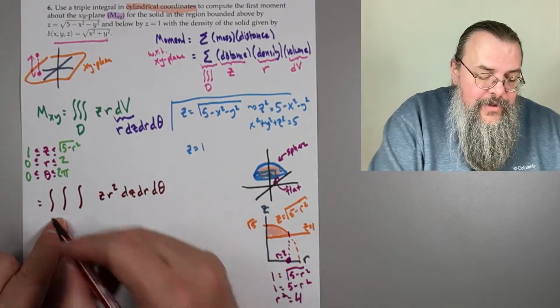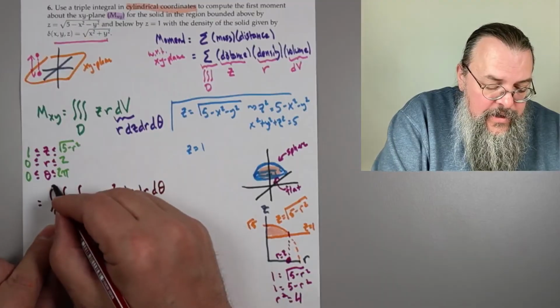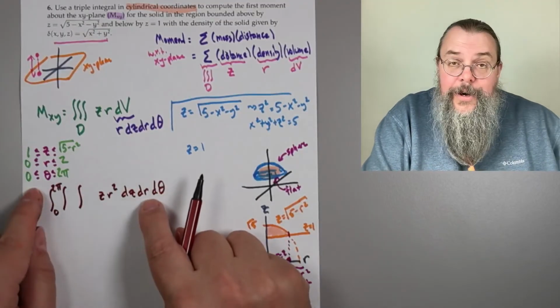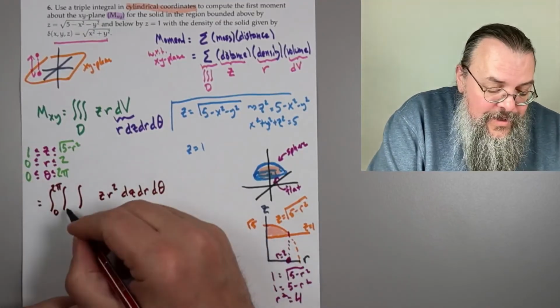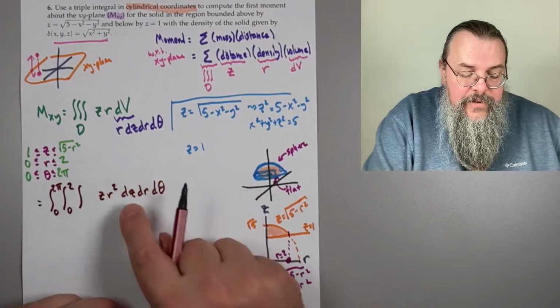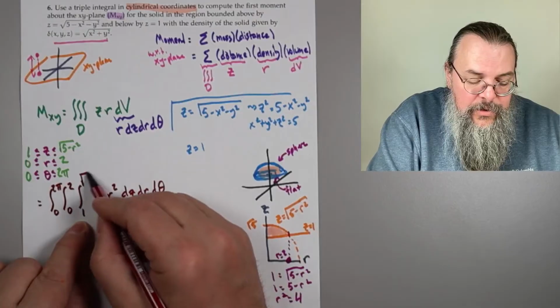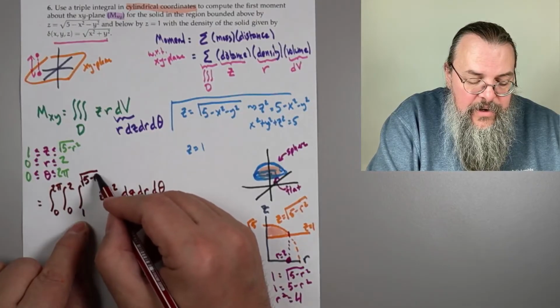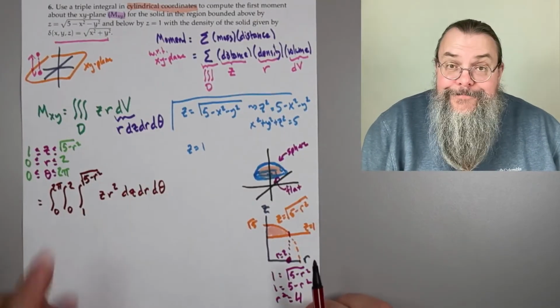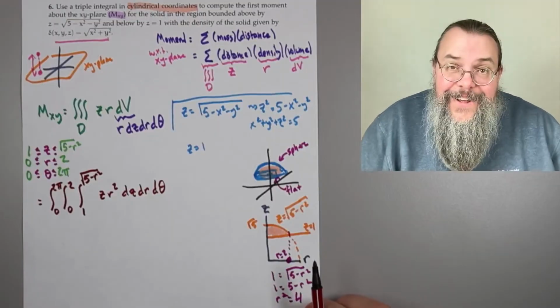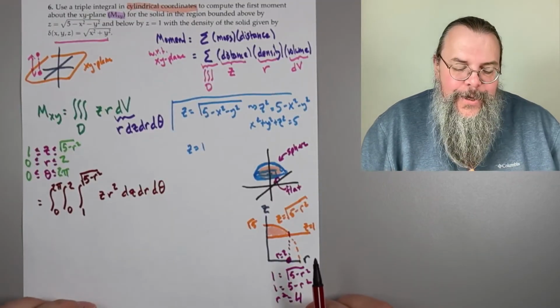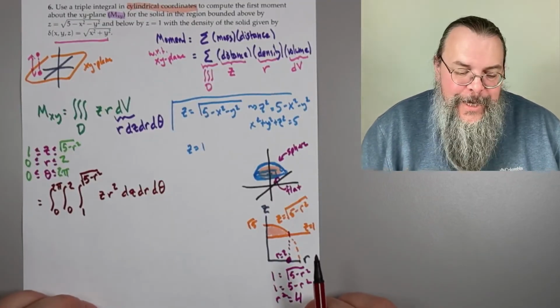Theta goes 0 to 2 pi. R goes 0 to 2. Z goes from 1 to square root of 5 minus r squared. All right? Good? Got all that? Okay, and off we go.